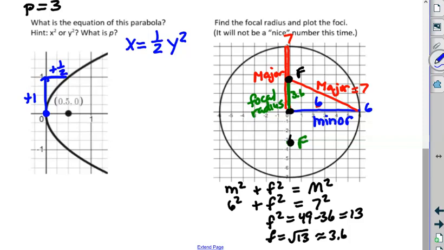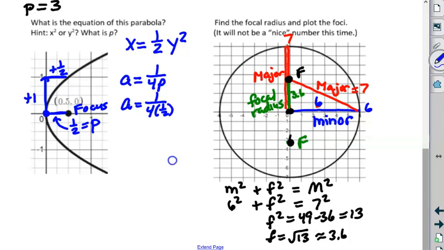But let me show you there's another way to find that same number: I look at this distance here. This distance is also 1/2. It's the distance from the vertex to the focus. So 1/2 is p. I know that a, my coefficient, is 1 divided by 4p. So a is 1 divided by 4 times 1/2, or 1/2, which is the same number. So I have two different ways of finding that number.